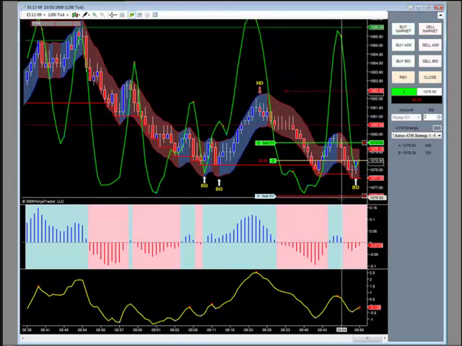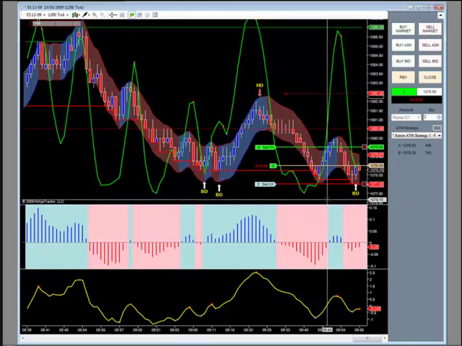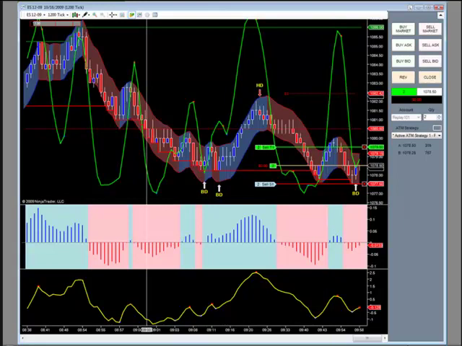NinjaTrader allows us to enter the market and have our stop and profit targets automatically set for us. Today, for brevity, we'll just go for 1 point. Now that's 4 ticks in the ES, that's the S&P 500, with our stop set just below the corresponding price low to the signal entry. The stop determines exactly how much we'll be risking on each trade.